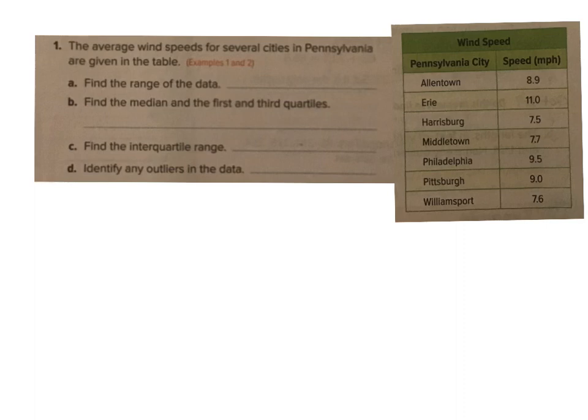Okay, so we got our data. Now what do they want us to find out? Let's start with the first one, and it says range. If we want to find the range of the data, we have to subtract the smallest from the largest. But to do that, we have to put them in numerical order from least to greatest. So let's start.